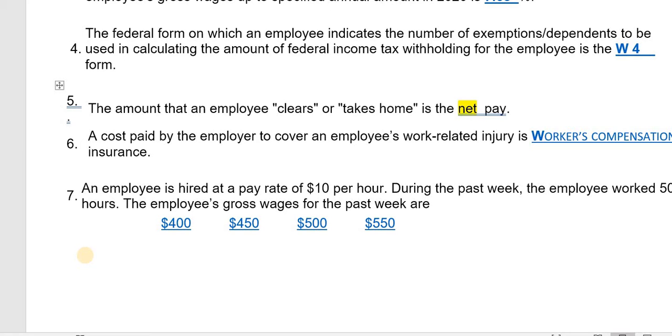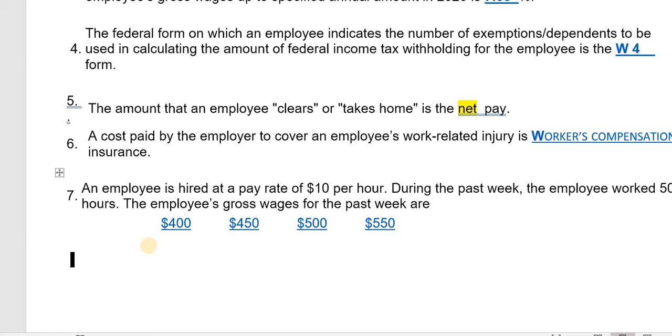Number 7, employees hired at a pay rate of $10 an hour. During the past week, the employee worked 50 hours. What do you think their gross wages are? Now, this is a trick question. We didn't really cover it in the PowerPoint. Do you think it's 500? 50 times 10? I submit to you it's more, because there's a rule that says if you work over 40 hours, you don't get your regular pay, you get time and a half.